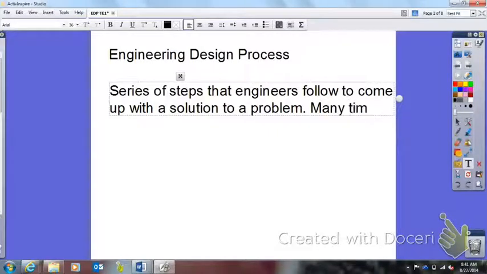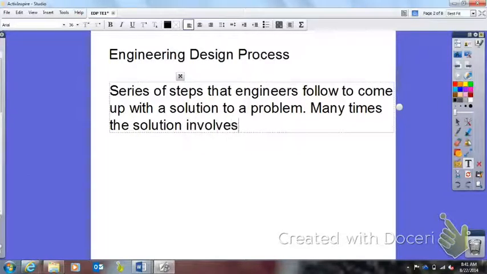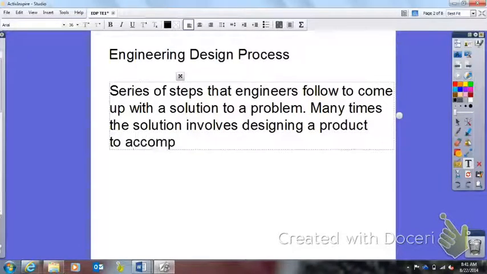Now, many times the solution involves designing a product to accomplish a certain task. Okay. Here is your definition for engineering design process.